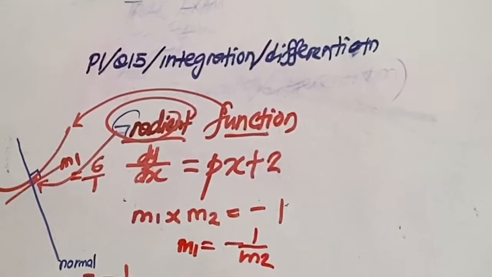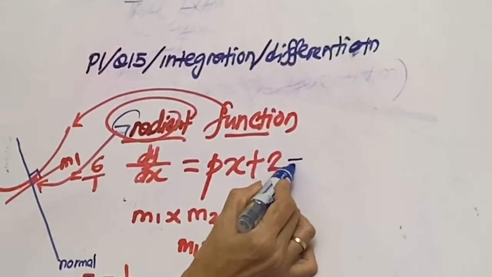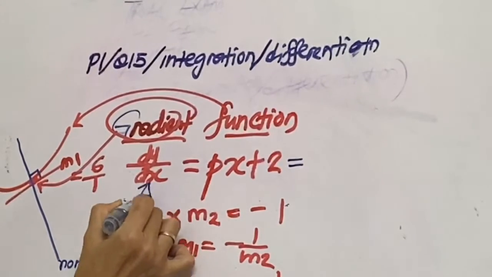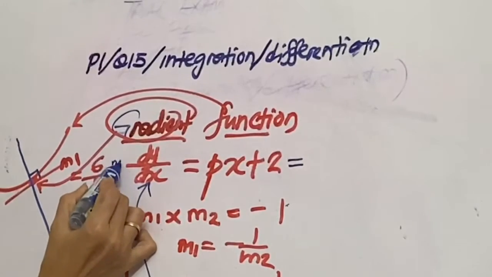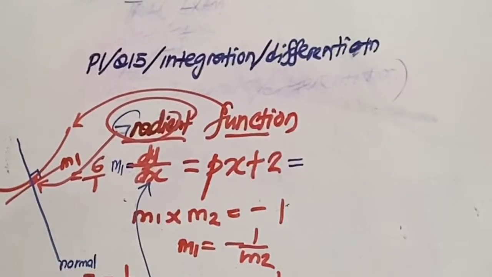So you will definitely get a number which is inverse of this, and the sign will be opposite. Once you got the m1, it means that you got a dy dx. See or not? So m1 is dy dx. m2 is the normal.